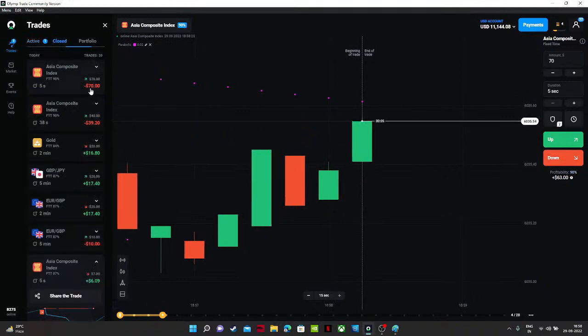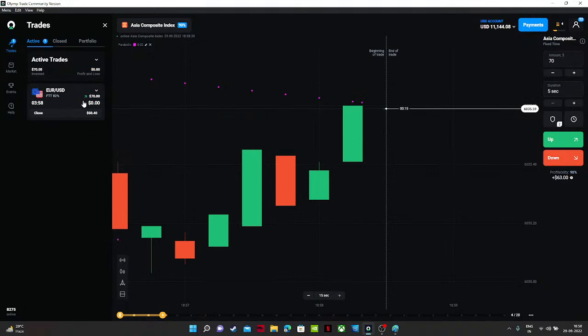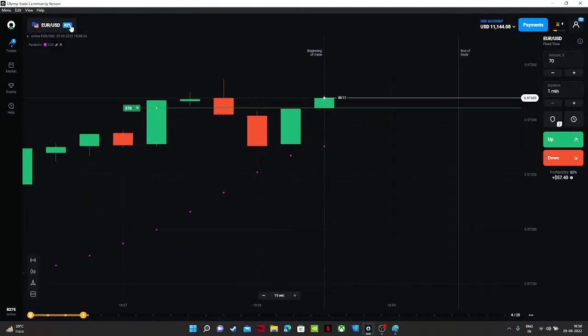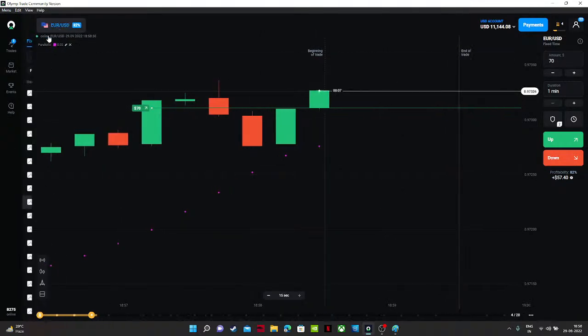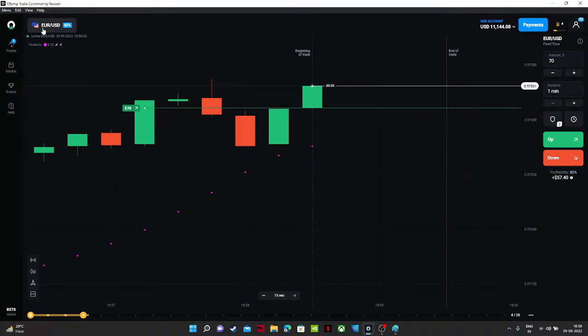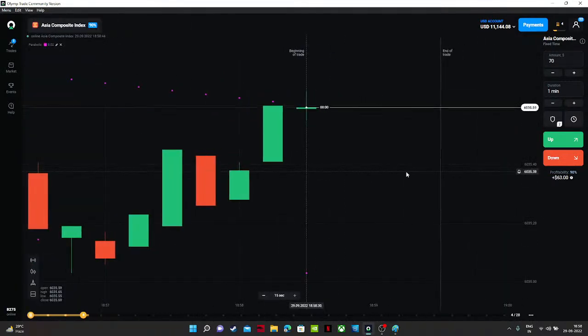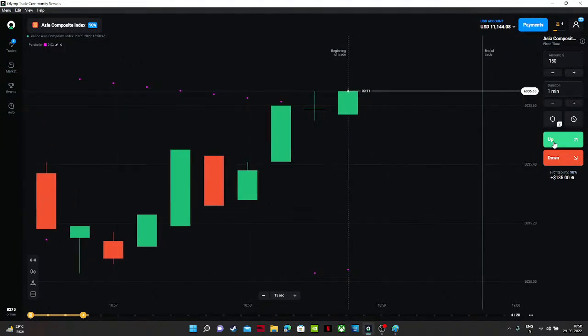I think it was a losing trade. Okay, no worries. So this trade is still going on in Euro USD. So this is the technique. Whenever a new candle appears, every 15 seconds, you might enter into the trade.